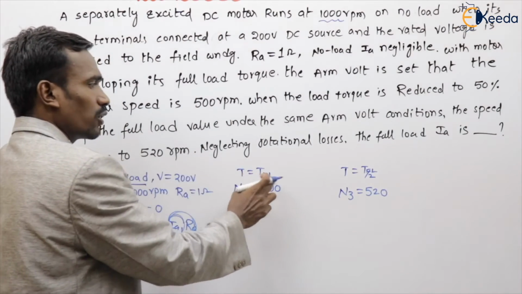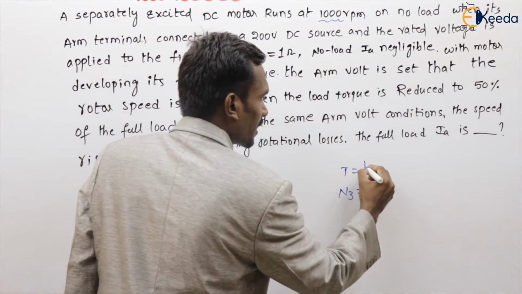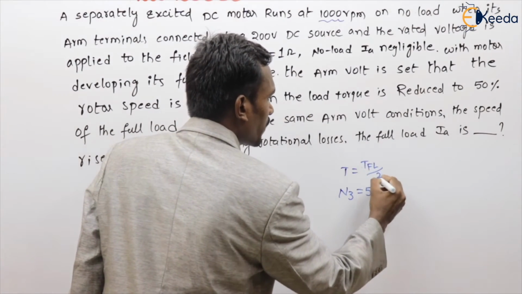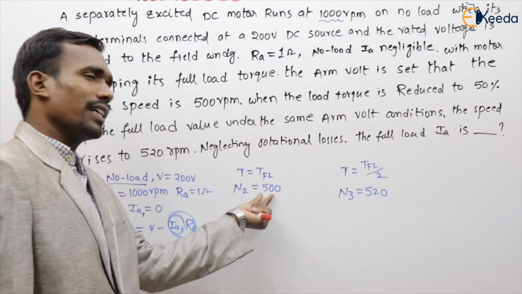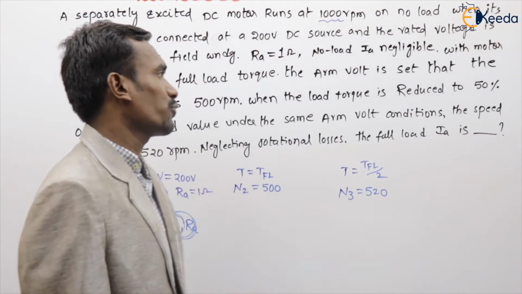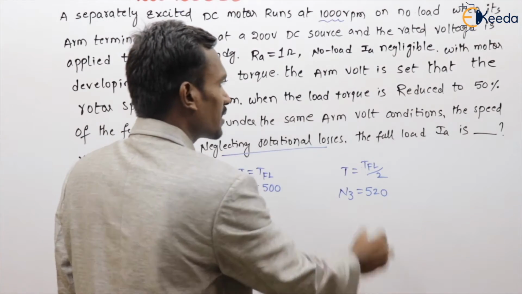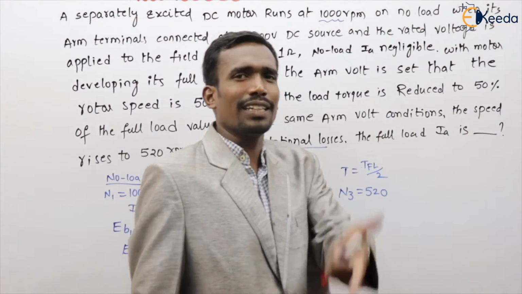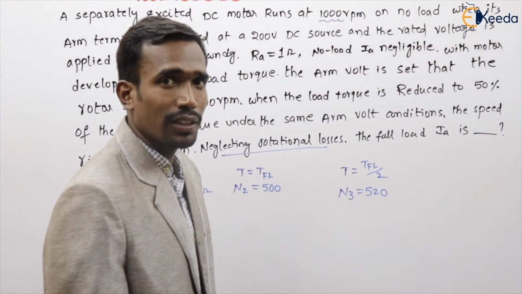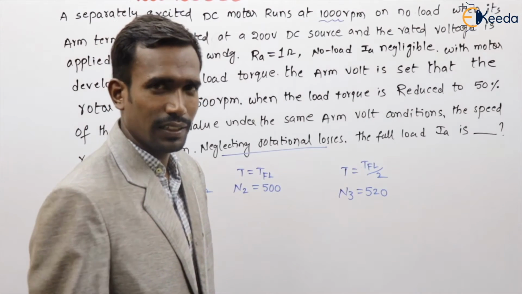This torque is equal to the full load torque. This torque is equal to half of the full load torque. The speed is 500 rpm, and the speed is 520 rpm. Neglecting the rotational losses, I want the full load armature current.